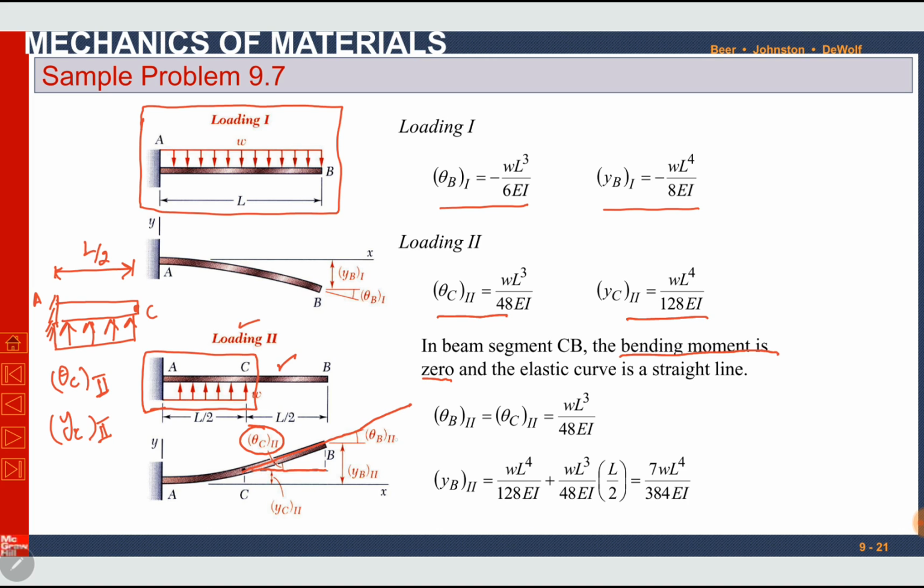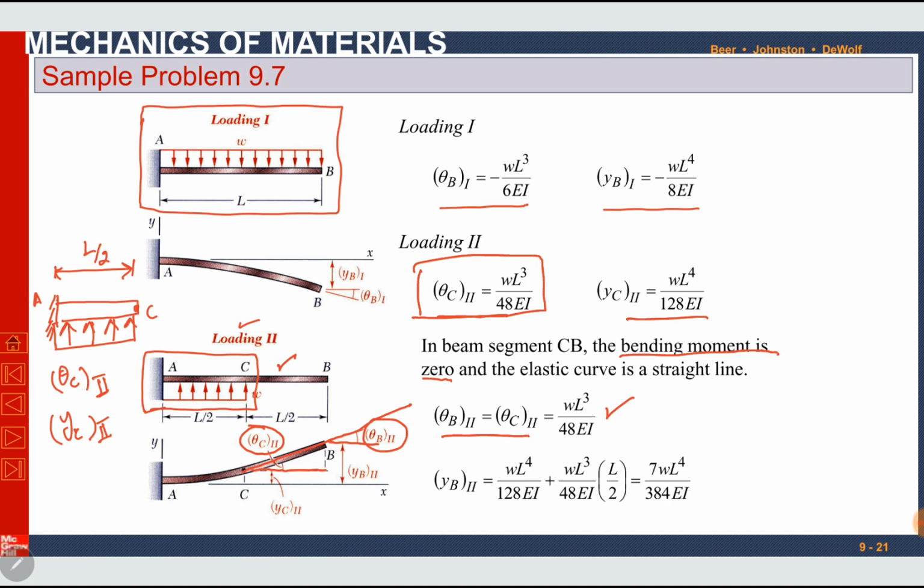So theta C2 and theta B2 are same. Theta C2 has been calculated from the table. We need theta B2, so they both are same. So we can write theta B2 equal to theta C2 as well.